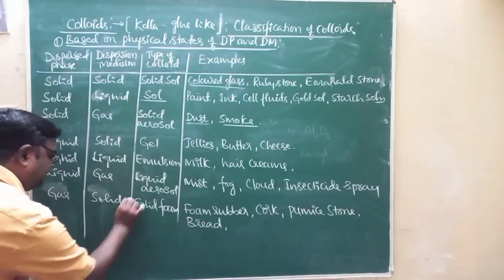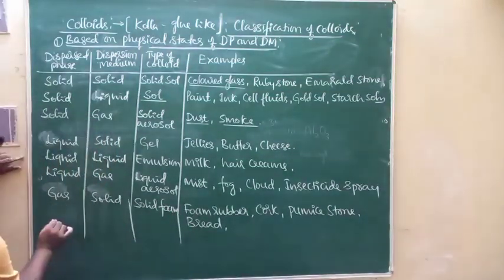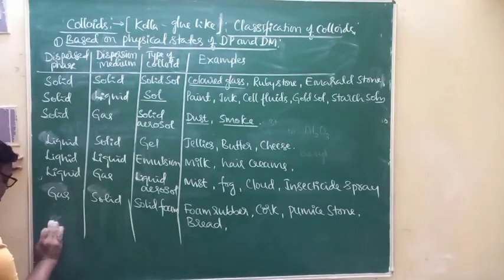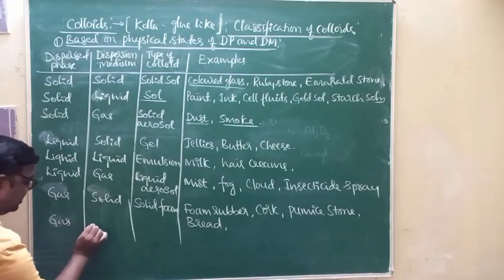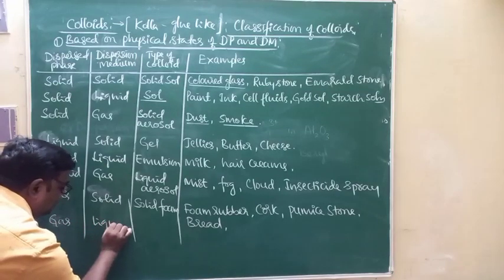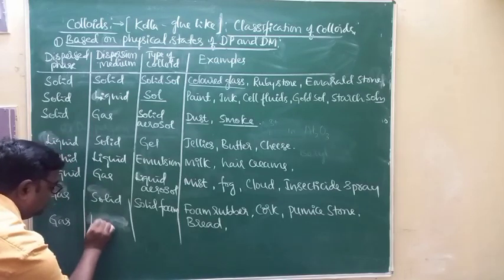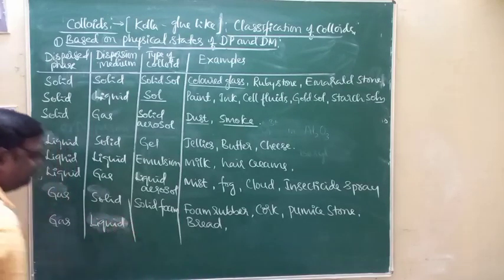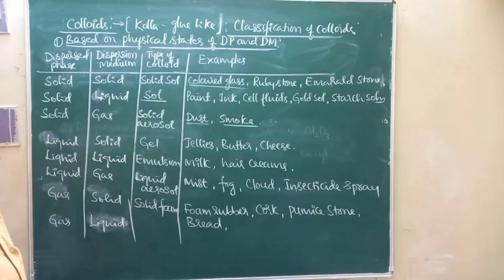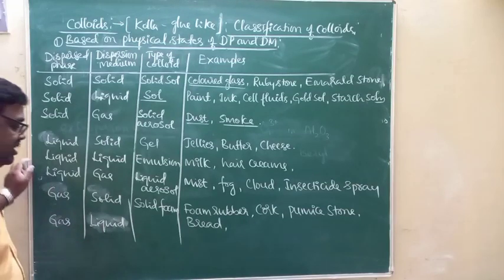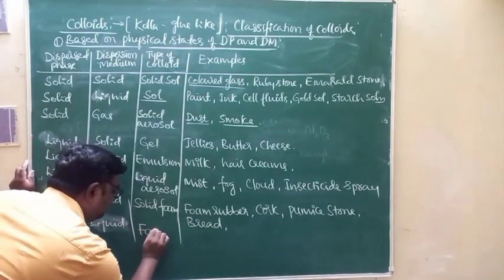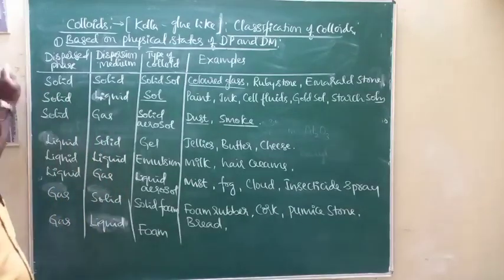Apart from that, we have one more kind of colloidal system, where gas is the dispersed phase and liquid is the dispersion medium. Gas and liquid type colloidal system is called foam, or liquid foam.